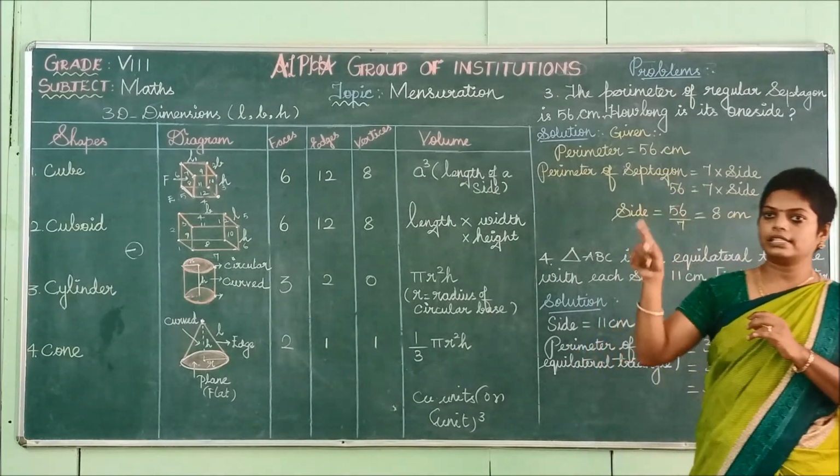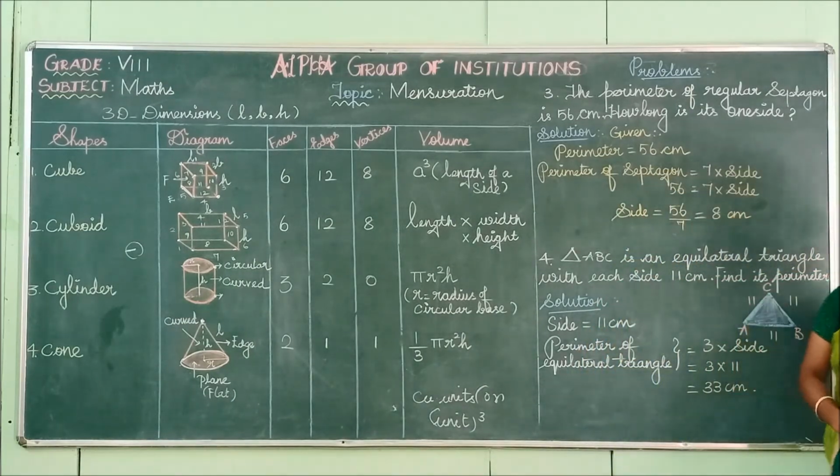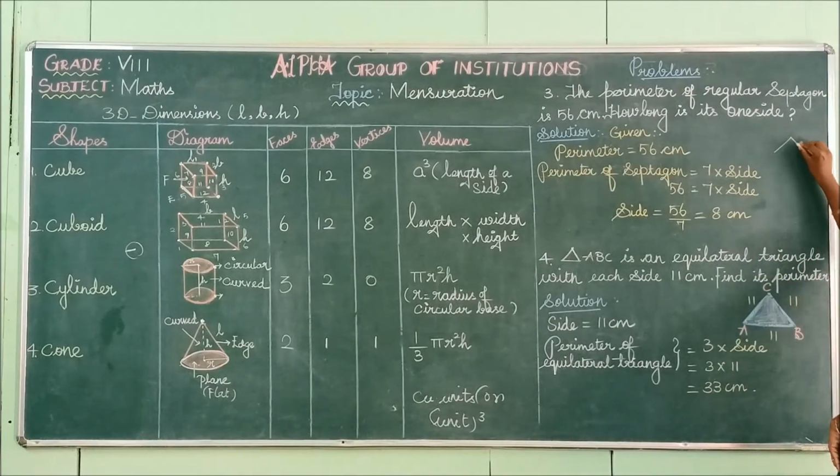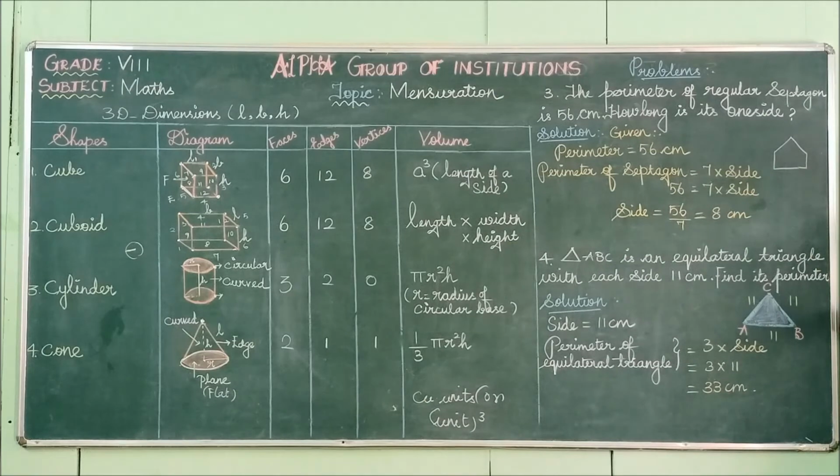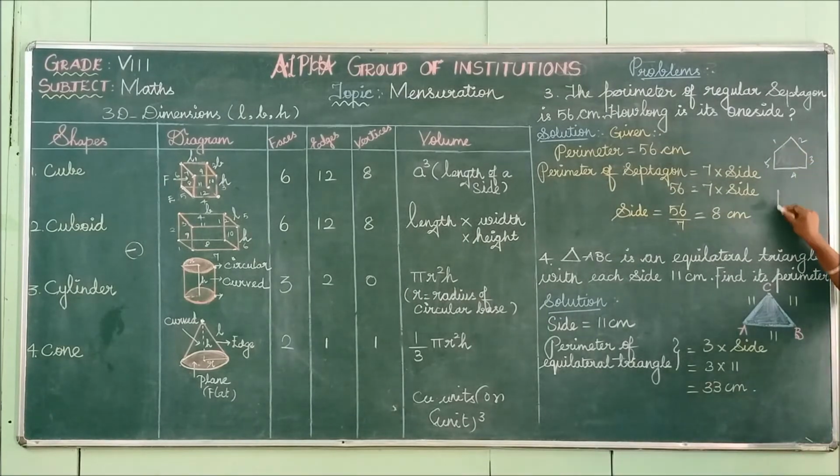If it has 5 sides, it is called a pentagon: 1, 2, 3, 4 and 5. If it has 6 sides, it is called a hexagon: 1, 2, 3, 4, 5 and 6.